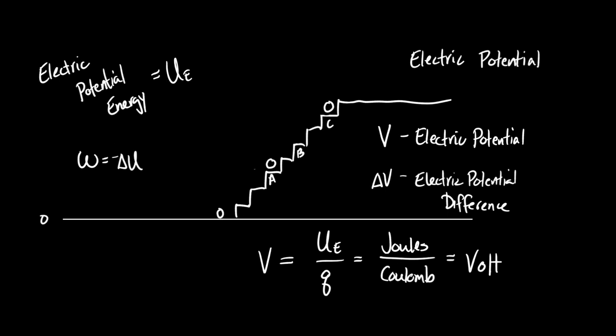Batteries provide an electric potential difference, a difference in potential from one end of the battery to the other. This is saying that the change in potential from going from the bottom to the top is 1.5 joules for every coulomb that moves from the bottom to the top, 1.5 volts.